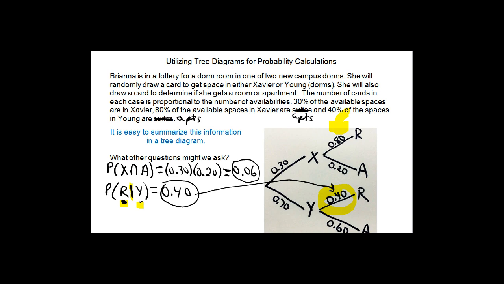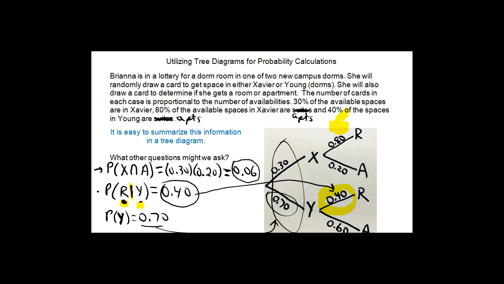It's simply one of the interior branch probabilities, whereas an intersection is always going to be a product down the appropriate branch. And of course, if I just wanted to know what's the probability that Brianna gets into Young, then it's just one of the initial branches, and it's just the number right there. So the normal probabilities that don't have a condition, don't have an and or an intersection, will always be one of the numbers on the initial branch.